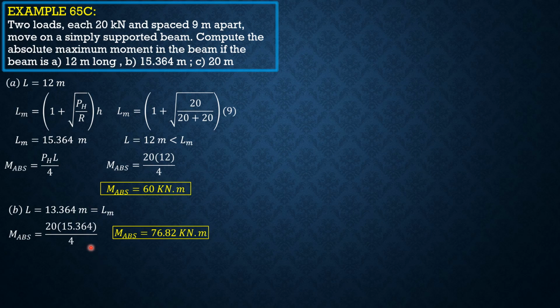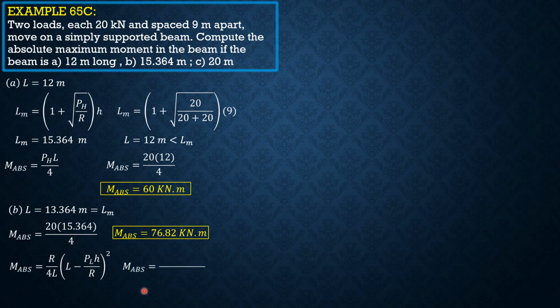If you use the other formula, where there are two loads, so it is R over 4L quantity L minus P L H over R quantity square. So R is 40, L is 15.364, H is 9, P light is also 20, and R is, as I said, 40, L is 15.364.